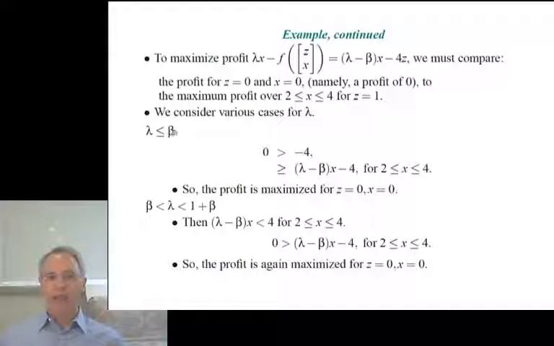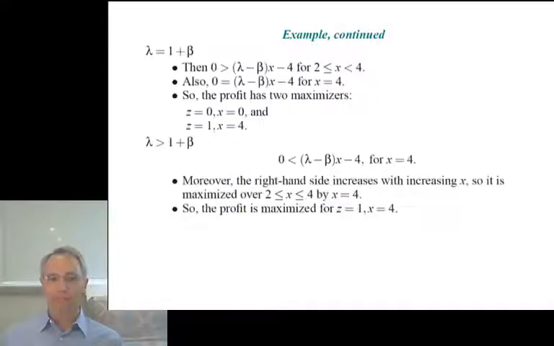For example, if lambda is less than or equal to beta, then we find that profit maximization occurs when we stay out of service. Profit would be 0 in that case. That's not such a good profit, but it's better than we could do if we were in service. If lambda is between beta and 1 plus beta, we find again that profit is maximized by being out of service.